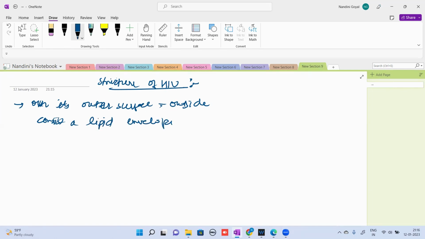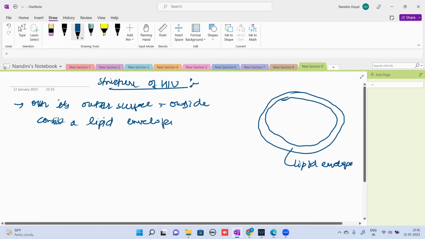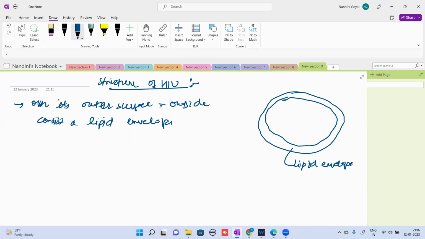Envelope means this virus has an envelope which is a lipid envelope, meaning this envelope is made up of lipid only. This is the body of the virus and this body is covered by a lipid envelope. Understood this point?